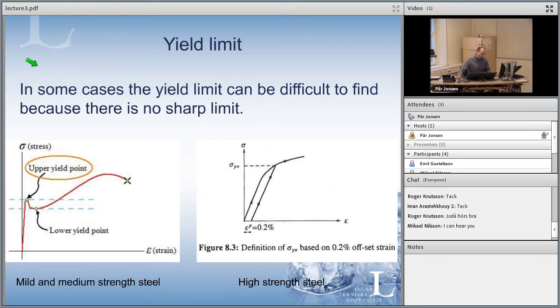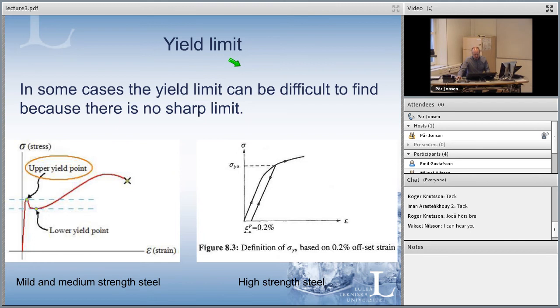So this is a typical behavior of this type of steel. Here you have to choose when you model. Maybe you need to have them both, or maybe you take something in between, depending on how accurate you want to be with your model. You can simplify it, or you can try to capture them both.